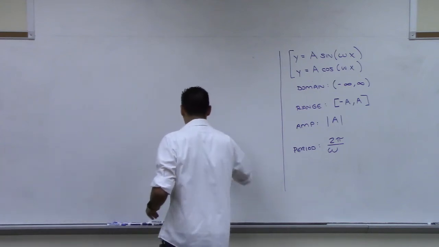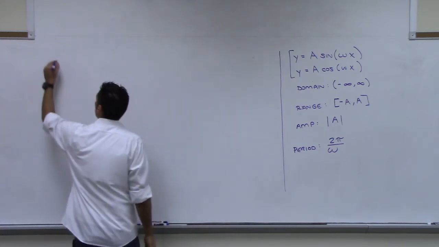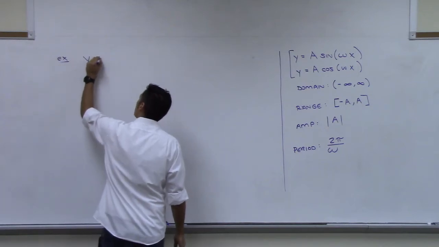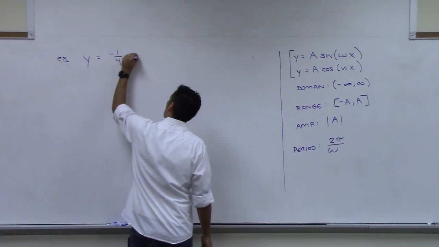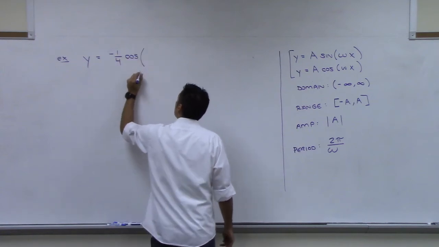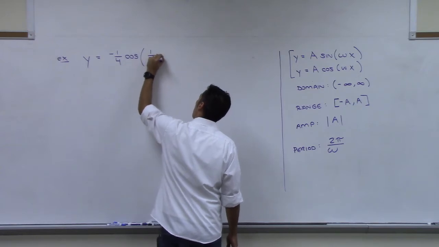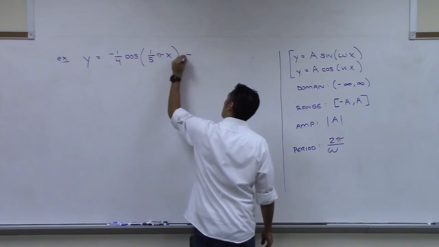It's going to be a little strange, but let me do an example first. Let's do something like the homework. Y equals -1/4 cosine of, how about 1/5 pi x, and then -2.